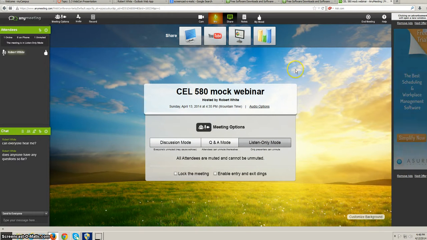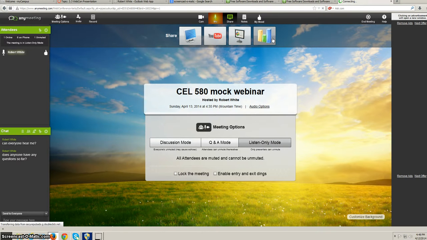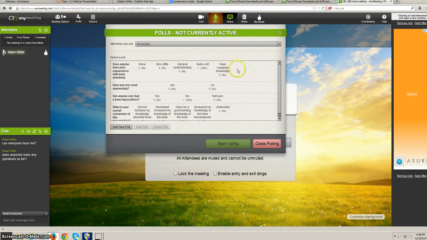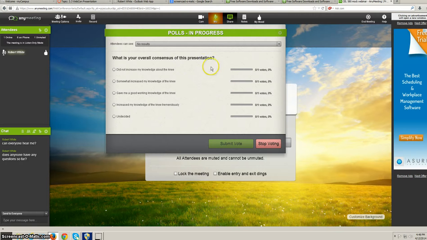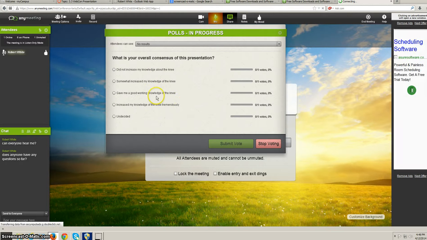And then at the end of the presentation, I would go back to the polls and just sort of see how this presentation impacted the class. So you can see here, what is your overall consensus of this presentation, whether they didn't get anything out of it or they got a lot out of it, and everything in between, and just an undecided for people who are not really sure where they fit into this.